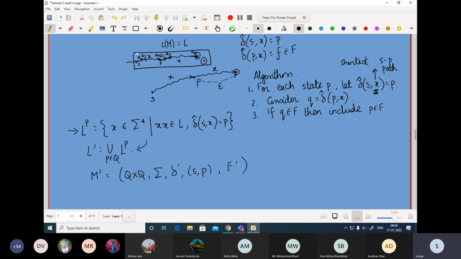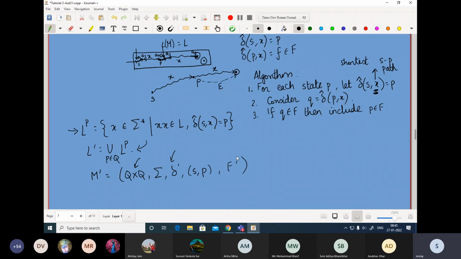So I'm sort of putting down a finger at S and a finger at P, and I want my transitions in such a manner that I'm taking the same kind of transition from S as well as P. At every step, the path that I'm starting off from S and the path that I'm starting off from P, this Q cross Q is going to make sure that I take the same transition at every step.